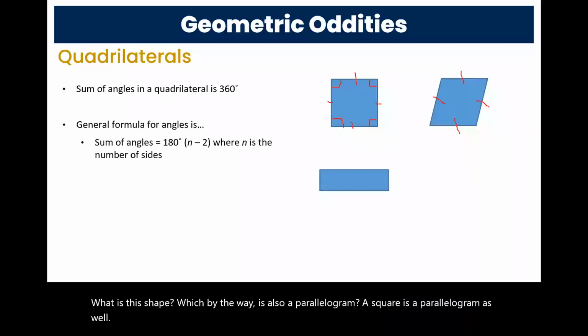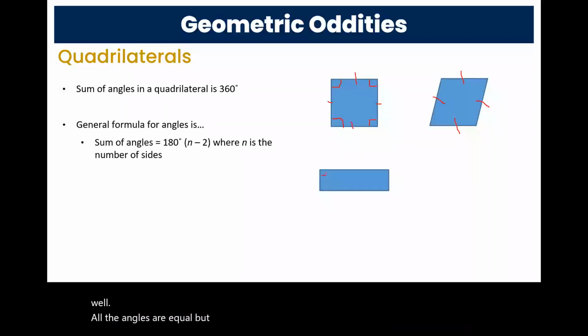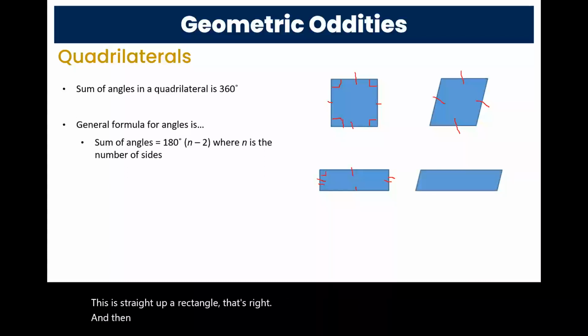All the angles are equal, but the sides are different. This is straight up a rectangle, that's right. And then this is my characteristic parallelogram, where the angles are different and the sides are different.